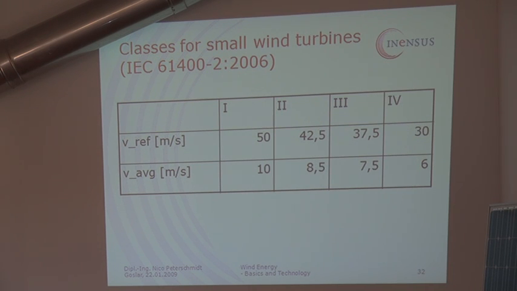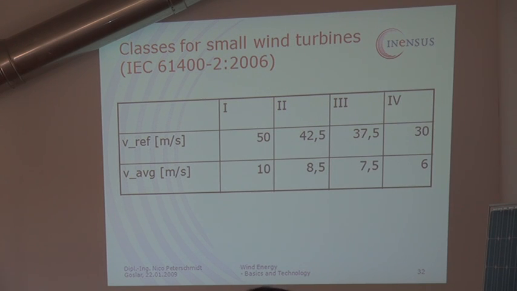And with these classes, there are reference wind speeds, VREF, in meters per second, defined as average wind speeds. And these classes are used for turbine design. They are used to design generators, the mechanics of the wind turbine, the whole structure of the wind turbine, also the safety system.